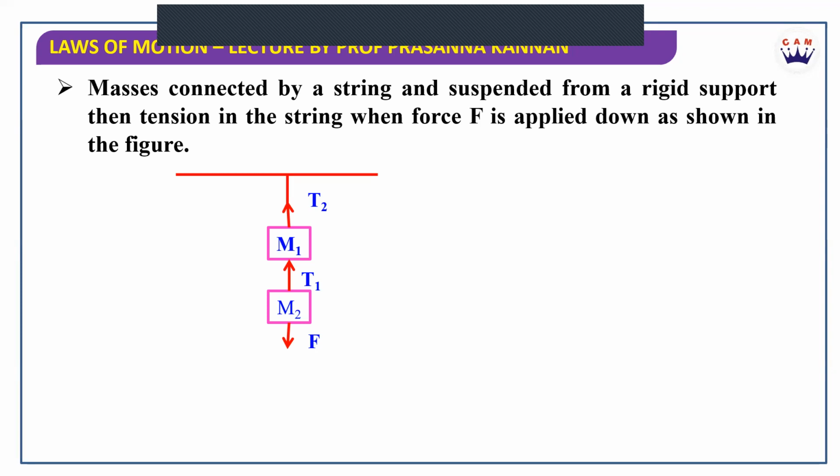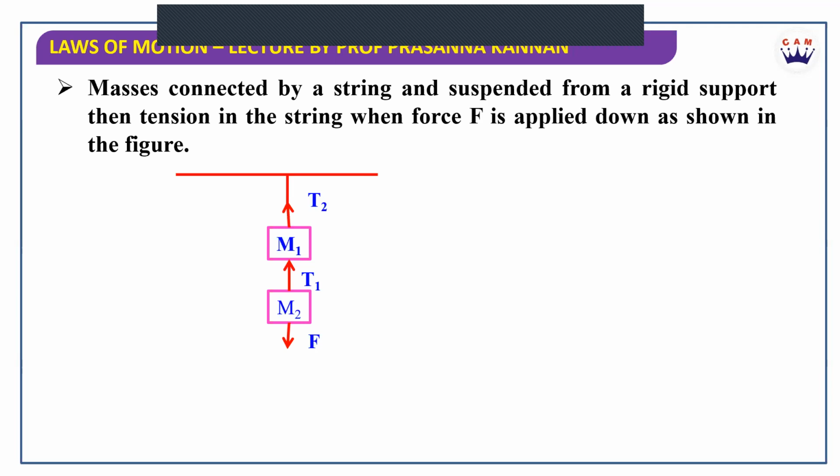I repeat, what is the situation here? How many masses do you have? Two masses, and these two masses are connected by string. In addition, you're also applying a downward force. So there will be a tension between this mass and the ceiling, that is T2, and the wire between these two masses will again have tension, let's say T1.